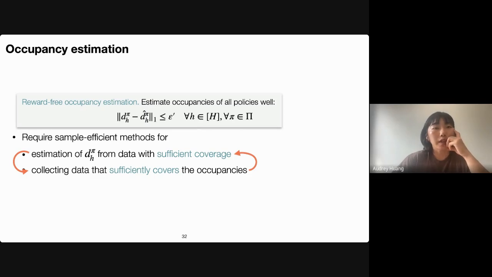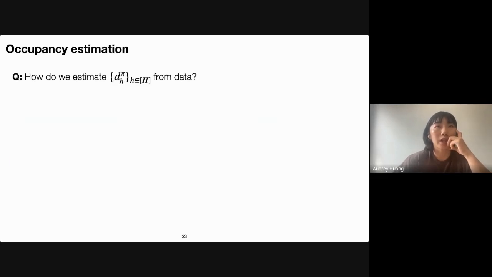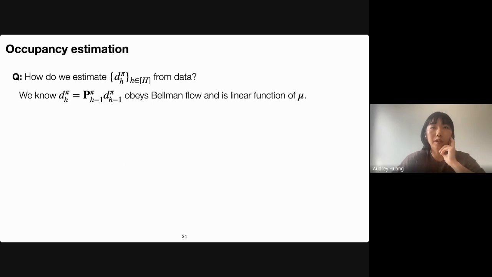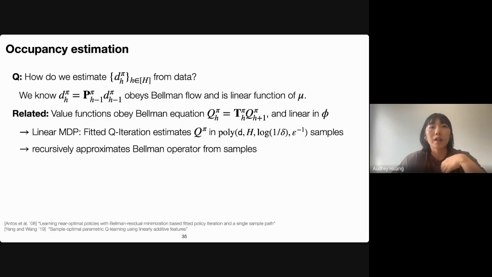So let me get started by talking about the first component, which is how we can estimate the occupancies at all time steps from data for a given policy pi. We know that d_h^pi obeys this Bellman flow equation and is also a linear function of mu. There's an analogous problem that's been well studied for value functions, which obey the Bellman equation and are linear in phi in low-rank MDPs.